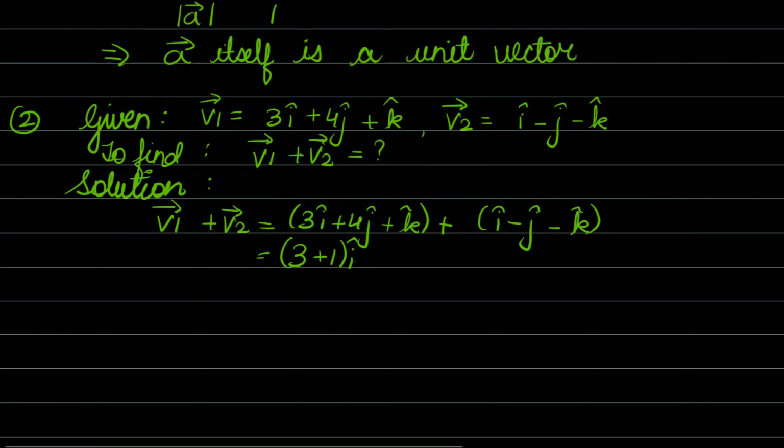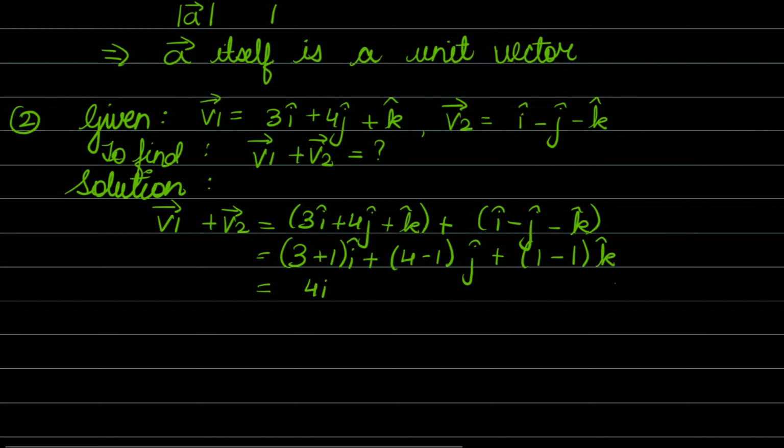Again, consider plus 4 minus 1 into j cap. Again, consider plus 1 minus 1 into k cap. Consider the coefficients: the coefficient of i is 1, of j is minus 1, and of k is again minus 1.